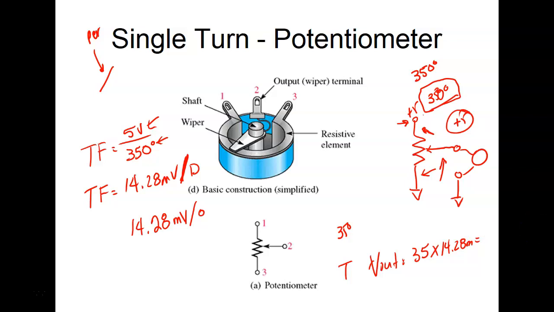And this is what we call a transfer function. So now if I know what this means, then I can measure the output voltage and say, okay, that would be this degree, right? That makes sense?